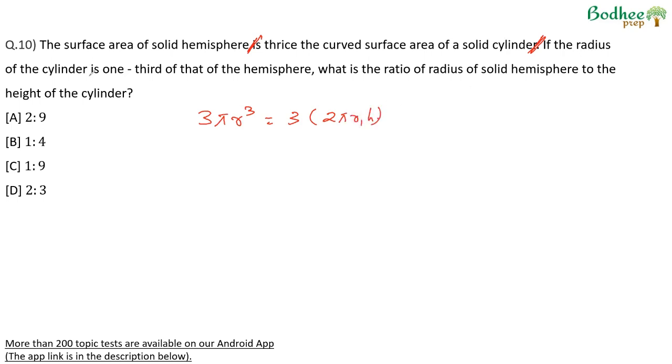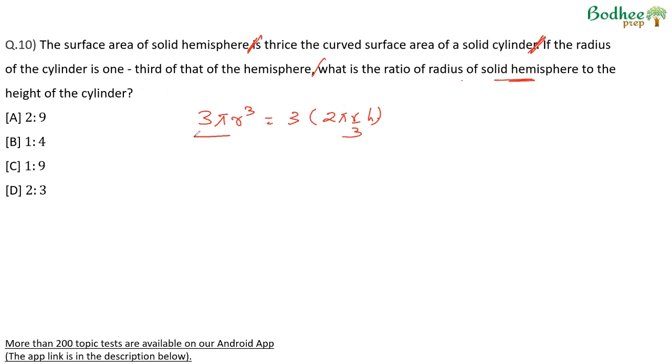If the radius of the cylinder is 1/3 of that of the hemisphere, so here we can say the radius of the cylinder is nothing but r by 3, where r is the radius of the hemisphere. What is the ratio of the radius of solid hemisphere to the height? So basically, we have to find out the ratio of r and h.